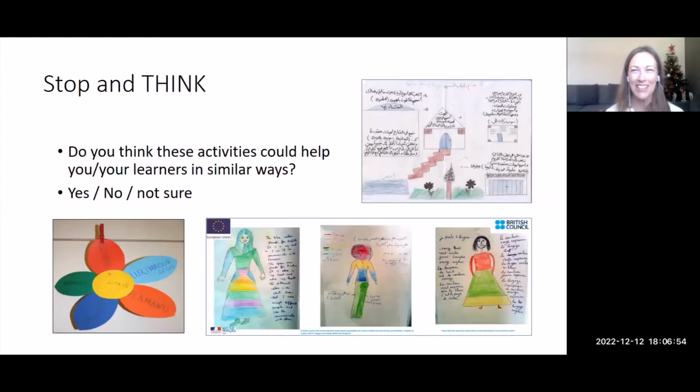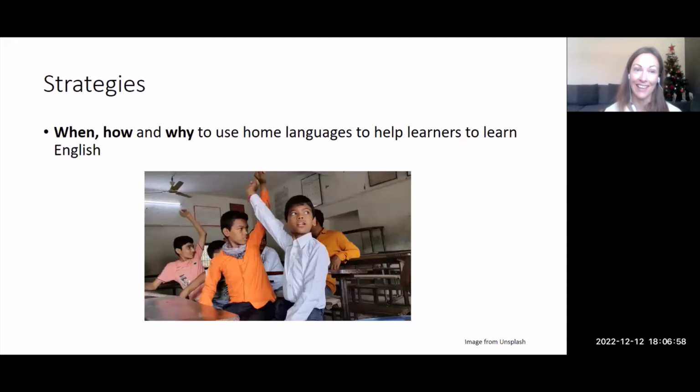It doesn't have to be a special class, but something you can use in your daily classes. And here we're moving to the second key question today: when, how and why we might make use of home languages to help our learners to learn English.